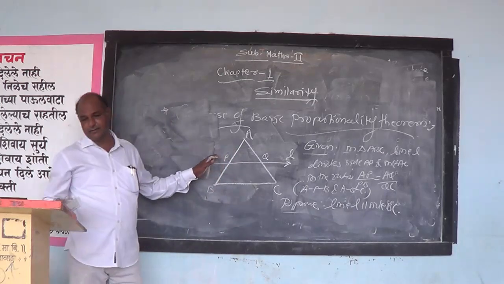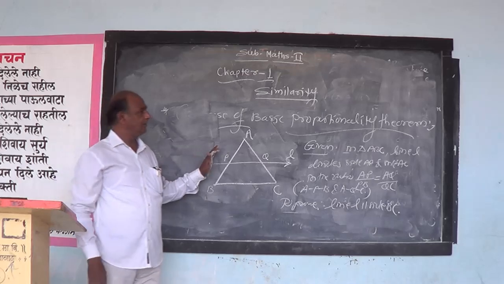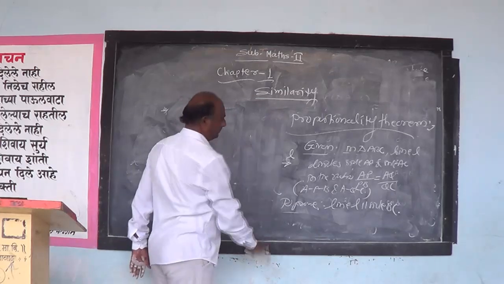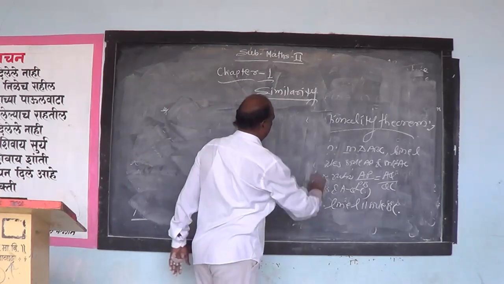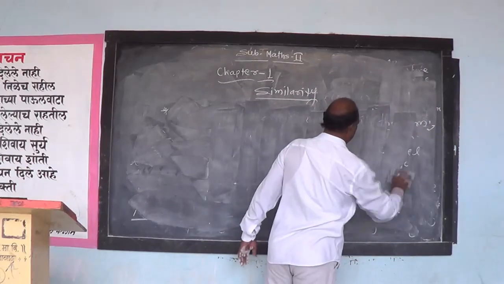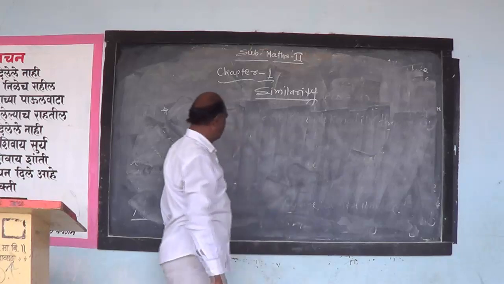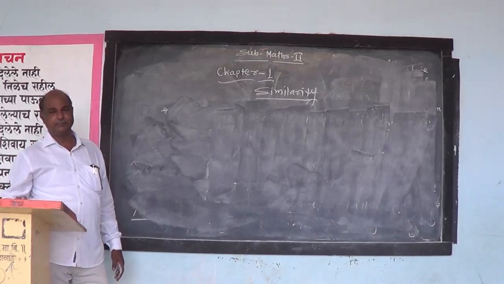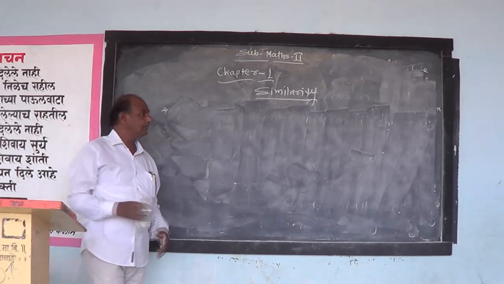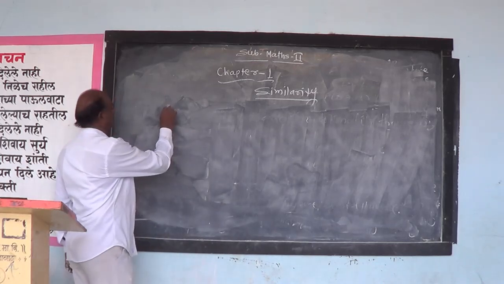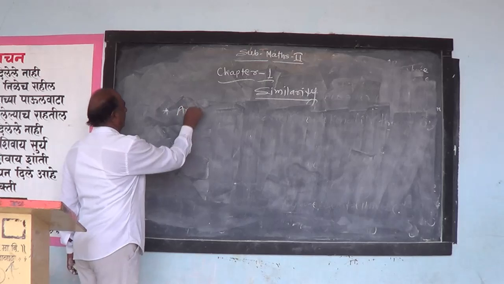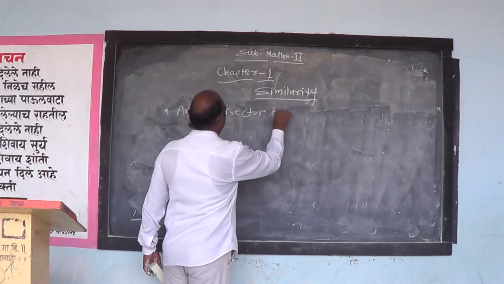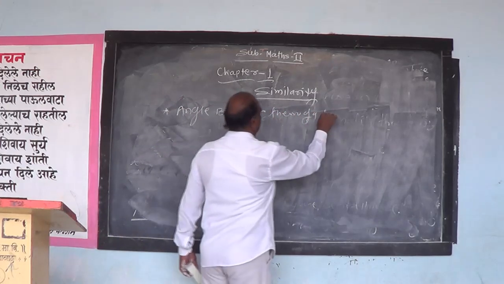The next theorem in this chapter is the angle bisector theorem of a triangle.